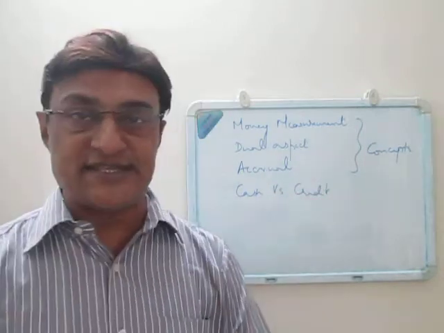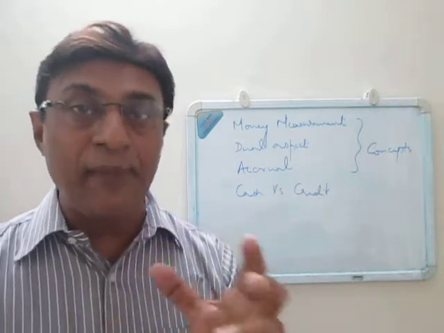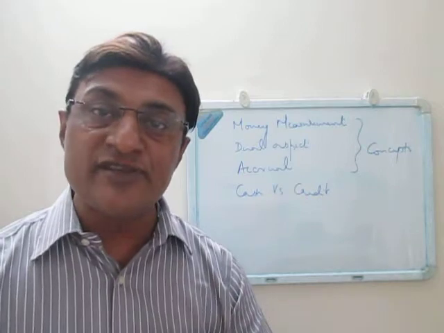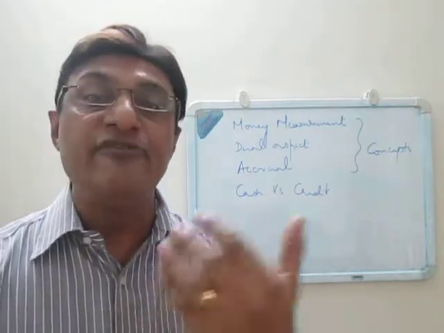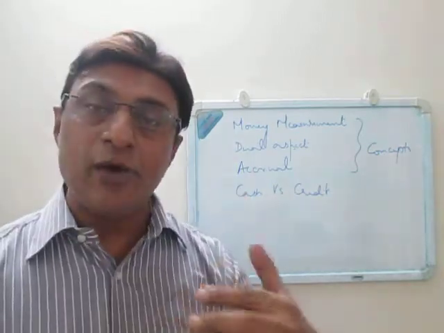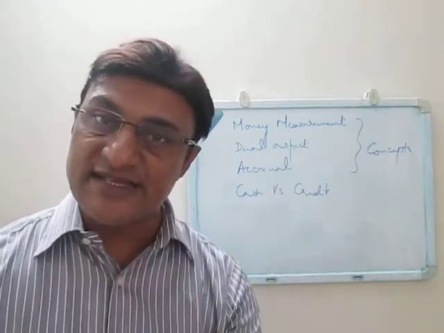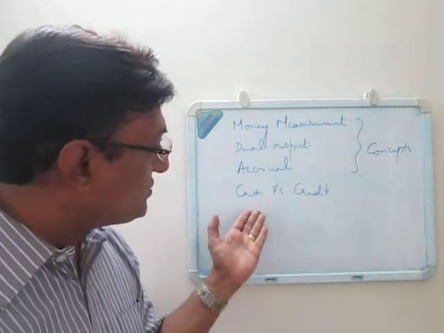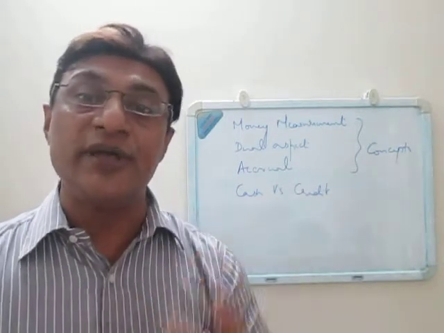Similarly, a credit transaction is a non-cash transaction, non-payment, non-receipt transaction. It is a transaction for which the amount is promised to be paid or received in future. Whereas in a cash transaction, the amount is paid or received on the spot as soon as the transaction happens or occurs. So this is the fourth important underlying principle in accounting for a business transaction.